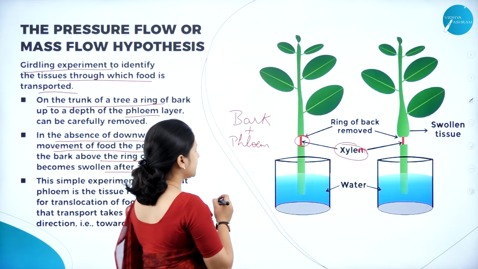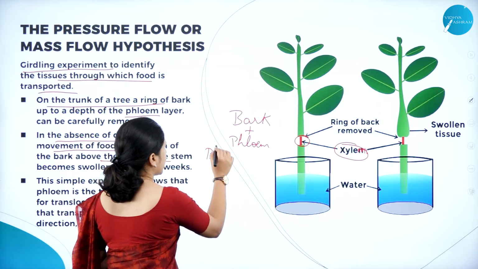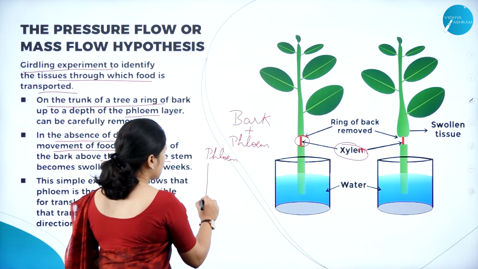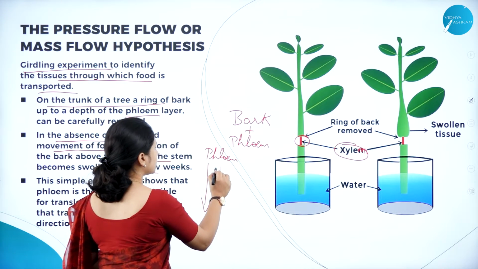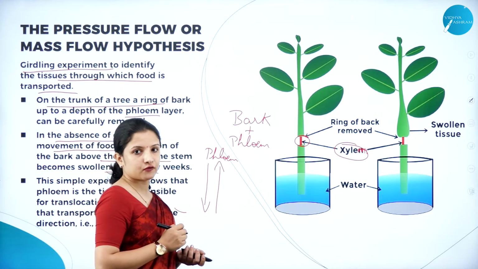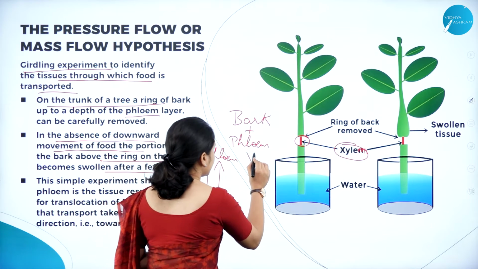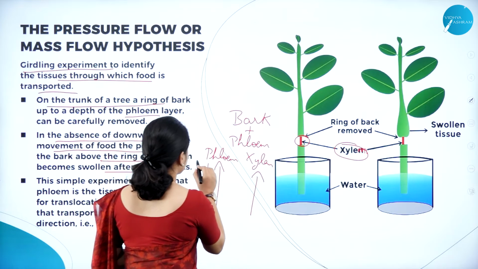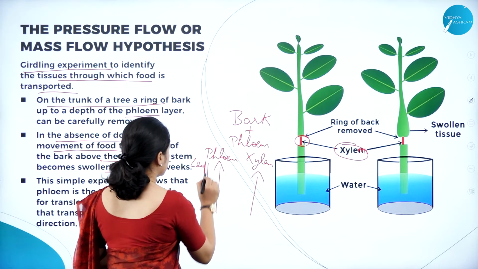So phloem, I'll write here, helps in the downward movement and also the upward movement of water and food substances. Xylem only helps in the upward movement. So this is the leaf, this is the root.